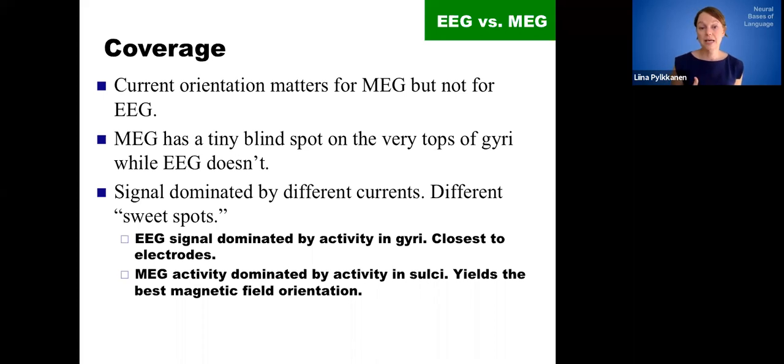In contrast, MEG activity is dominated by activity in sulci, the parts that go into the cortex or into the head. That's because that's the cortex where you get that tangential orientation most easily for the current, and that's what MEG really likes to capture.